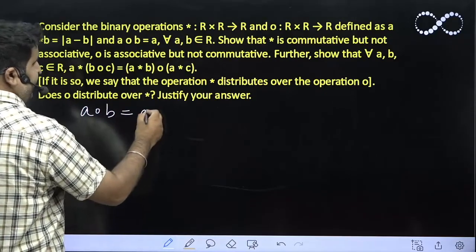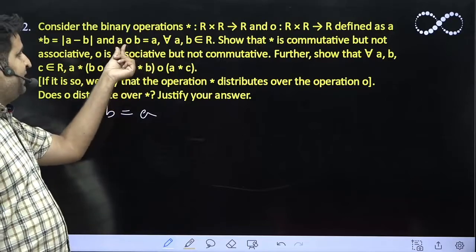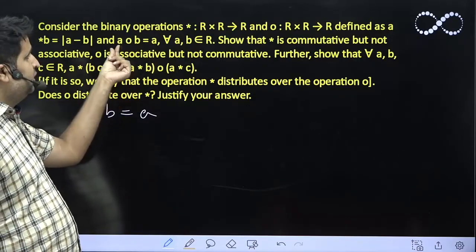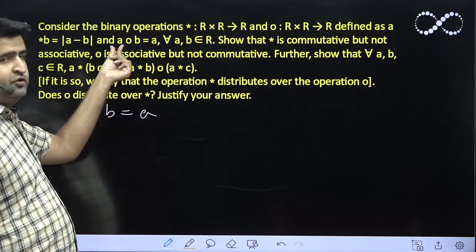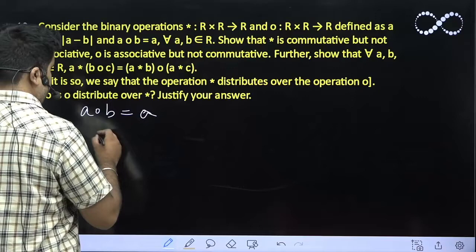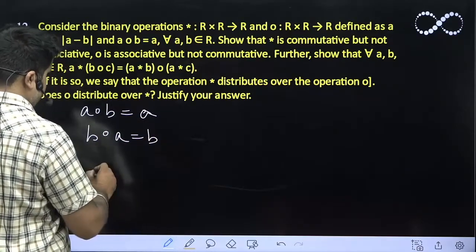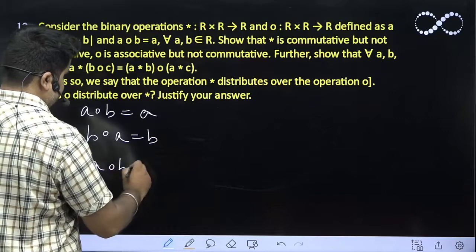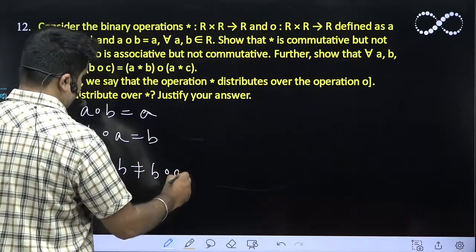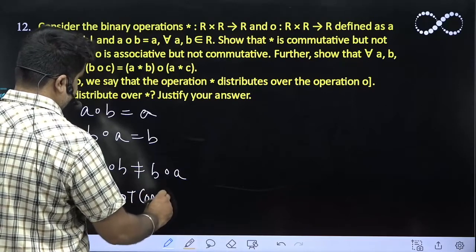This will be equal to A. Since if you have A and B, two numbers, then you just pick the first one and that will be the operation. What will be BOA? This will be equal to B. So AOB is not equal to BOA. Therefore, this is not commutative.